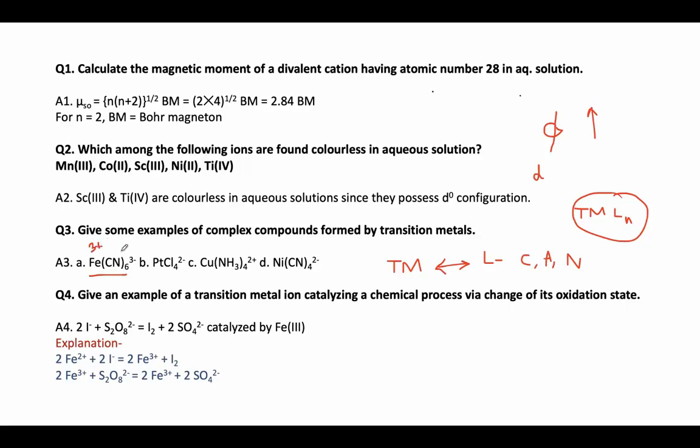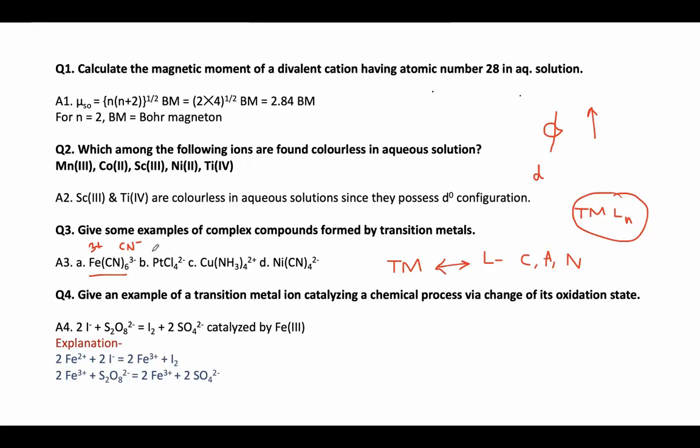And you see 6 cyanide ligands are bound to the central Fe3+, and it has formed this compound. This compound is K3[Fe(CN)6], which is termed as potassium ferricyanide. The second one is the [PtCl4]2- compound.